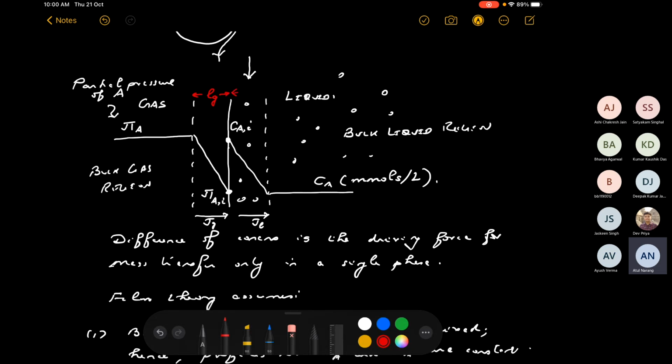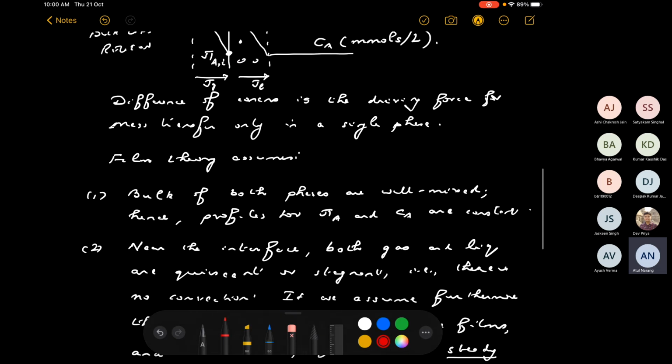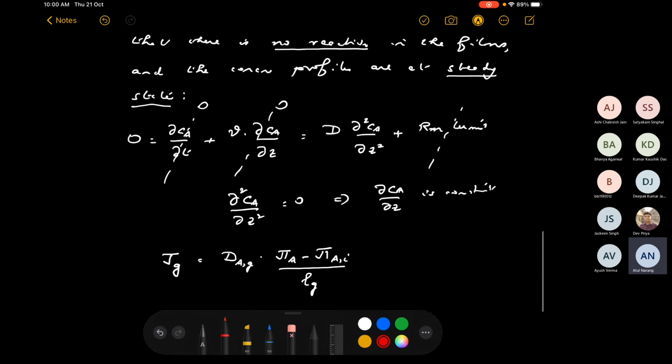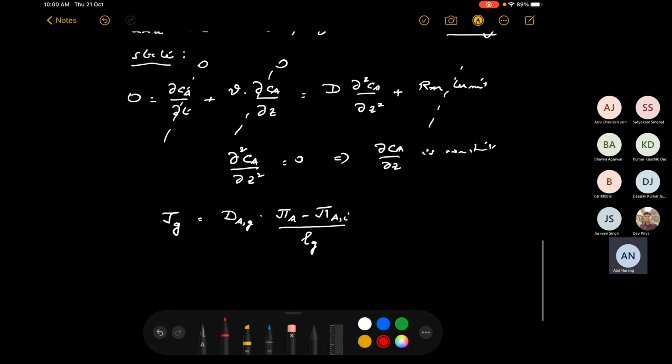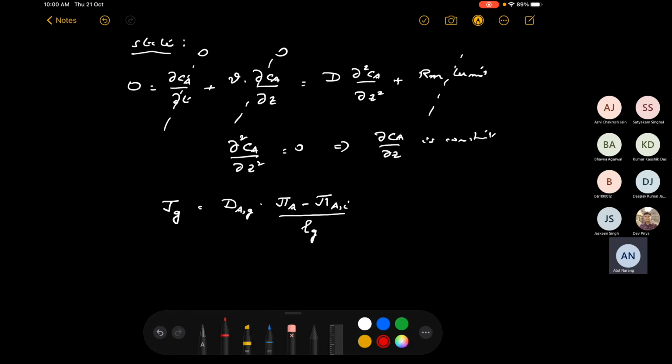And LL is the thickness of the stagnant film in the liquid phase. Then the flux in the gas phase is just the diffusivity multiplied by the concentration gradient. This comes about simply because Fick's second law applies under the assumptions that we have made.